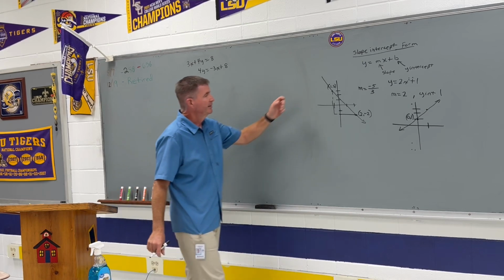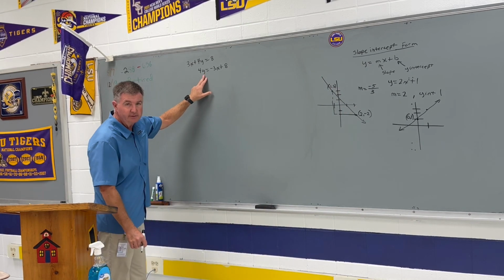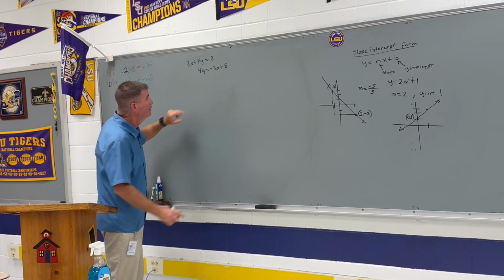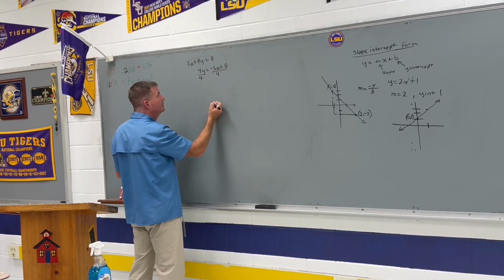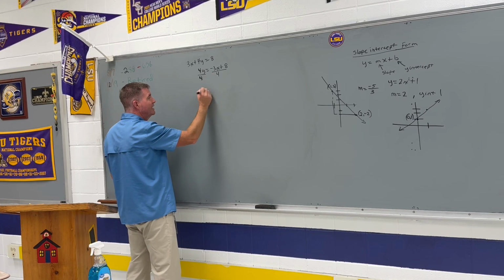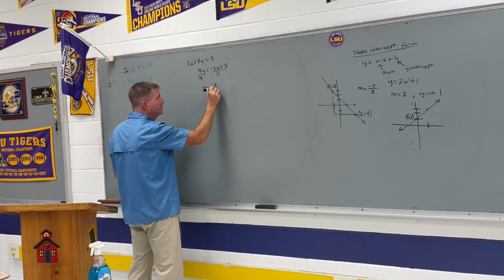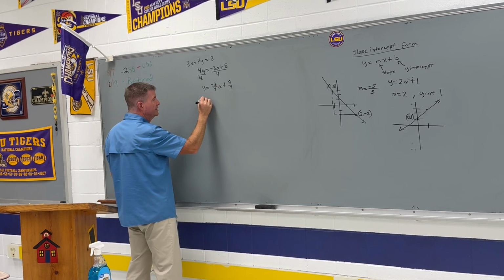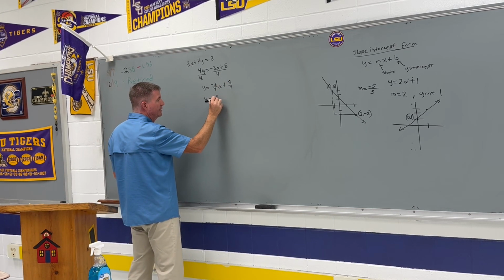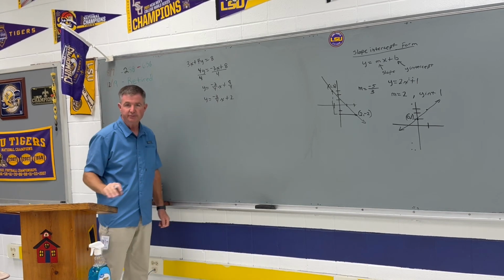Now in the slope-intercept form, it's y equals. This says 4y equals. So I need to get rid of the 4. I'm going to divide everything by 4, canceling the 4's out, leaving me with y equals negative 3/4 x plus 8 over 4, which is y equals negative 3/4 x plus 2. 8 divided by 4 is 2.